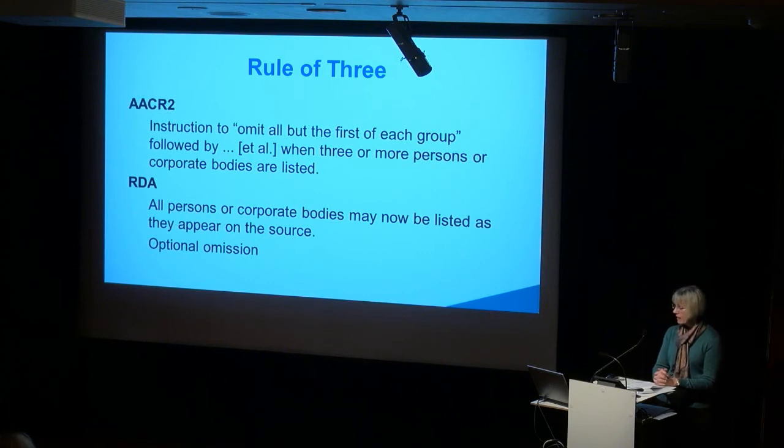But now you can put all of them. You can add all the persons or corporate bodies. You can have the longest statement of responsibility, and I have seen a few. There are a few coming through. But it's up to you to make that choice whether you use it. There is still some flexibility there.